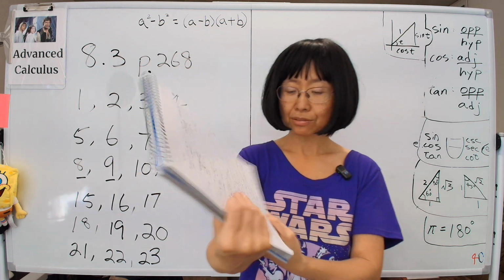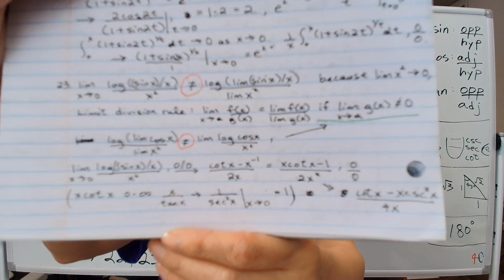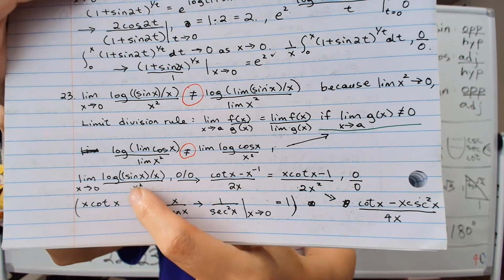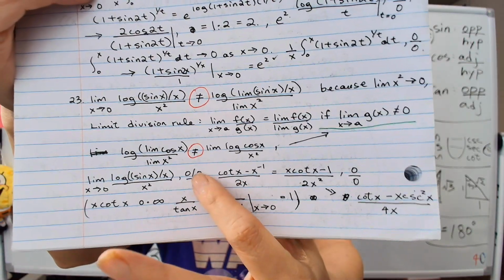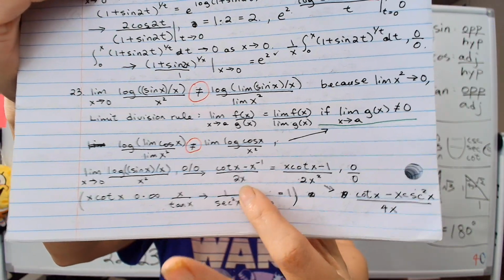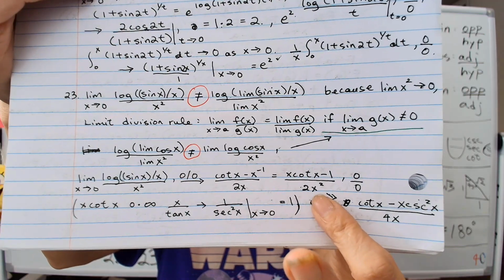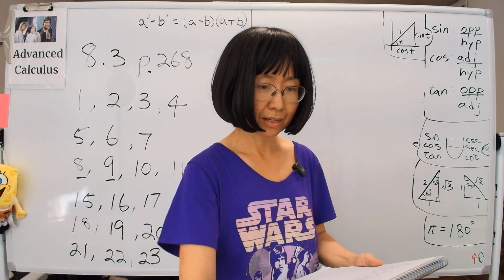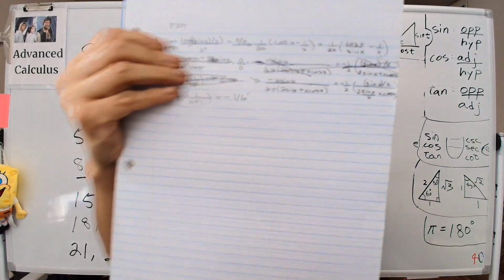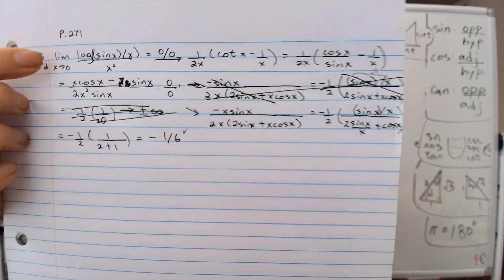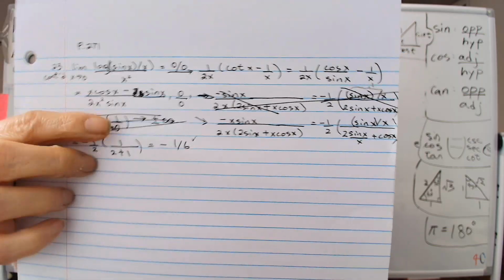All right, so here's what I did. To calculate this thing, it is a 0 over 0 situation. So I took the derivative, which got me here. And then I rearranged this somewhat. Actually, I think I rewrote it on the new page. So here's the original function, which is 0 over 0.